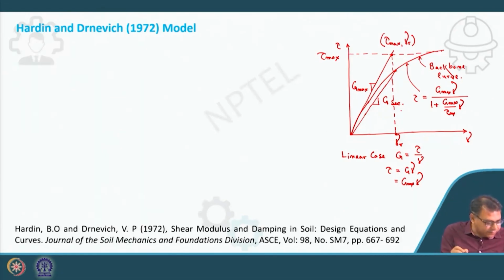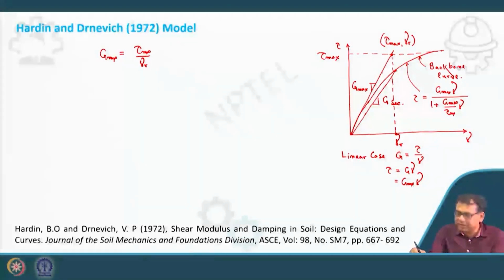Now, if I draw this curve, then I can write that my G max is tau max by reference strain, because this is my reference strain and this is G max.